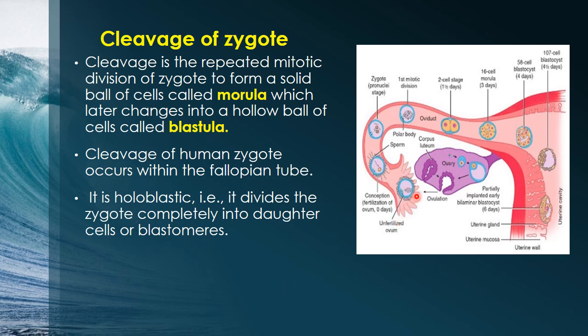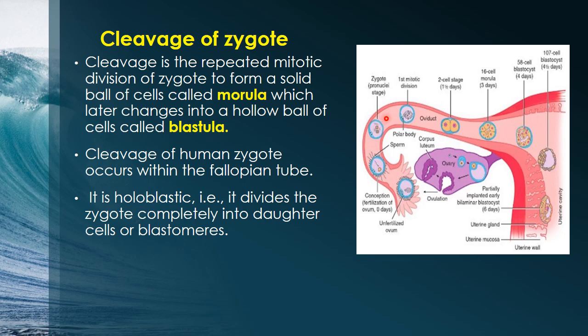You can see in the diagram, this is the ampullary part of the fallopian tube where the fertilization takes place. As a result of the fertilization, the zygote is formed, which is a totipotent cell. This zygote undergoes repeated mitotic divisions, which are called the cleavage.